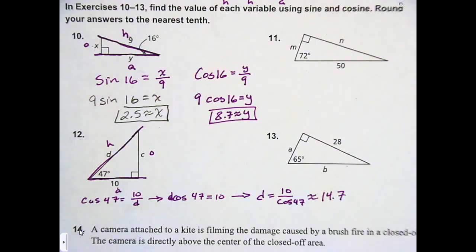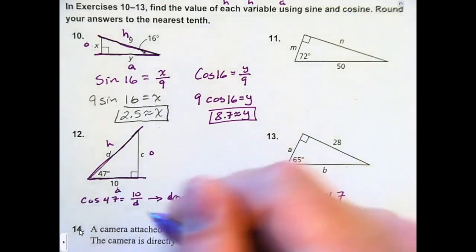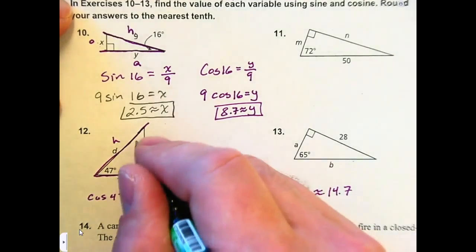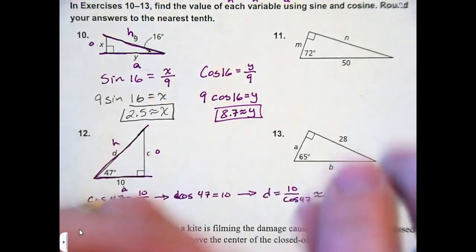All right, D is 14.7. So here's the deal. Sometimes, rather than using a rounded value, if I wanted to find sine, I could use this angle right here.